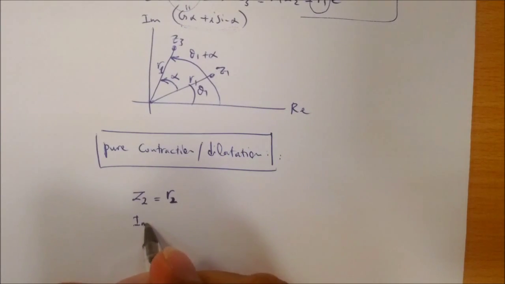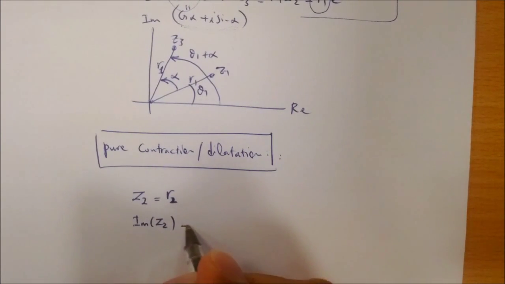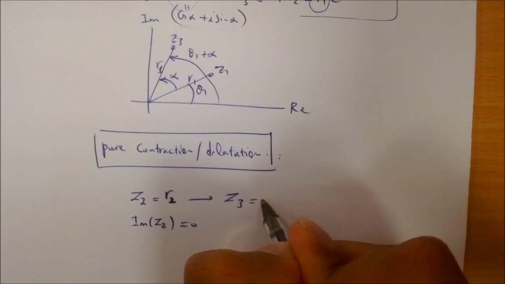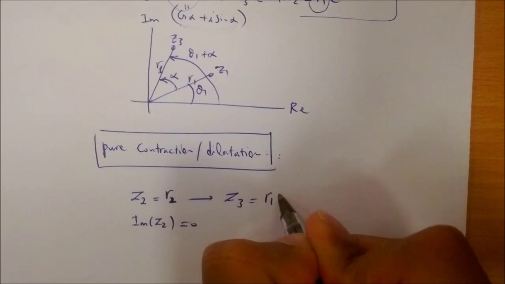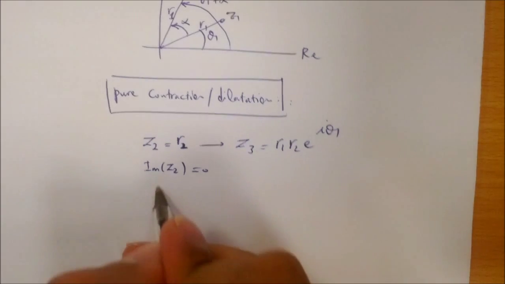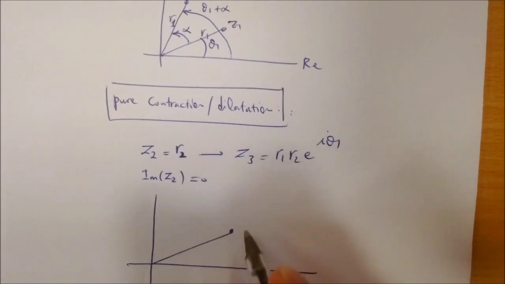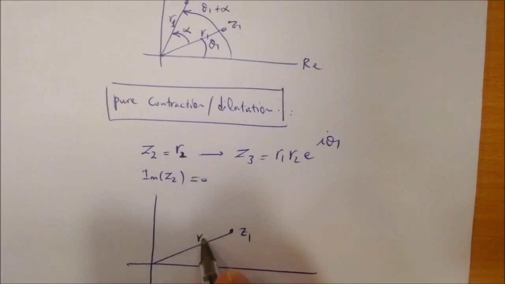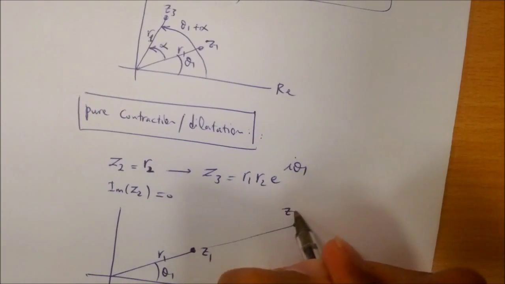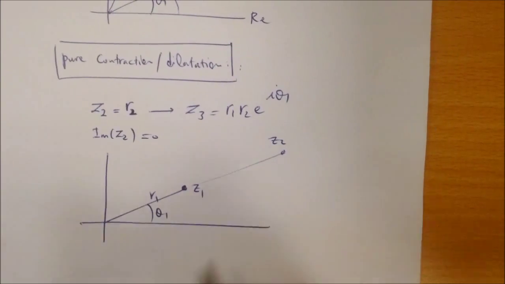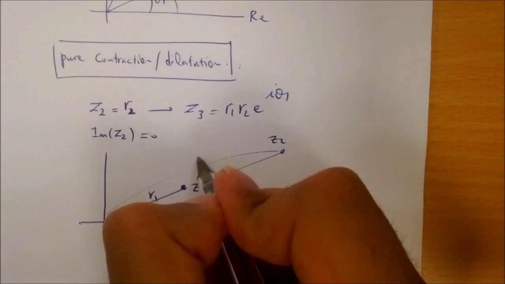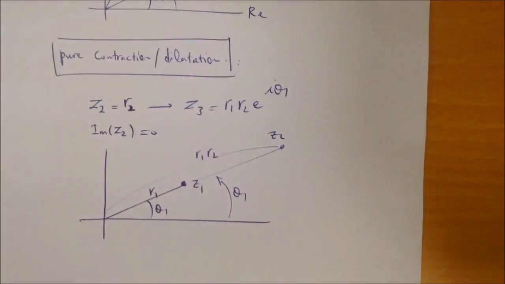So the imaginary part of z2 will be 0. So z3 will be r1 times r2 e to the power of i theta 1. So if this is z1 with r1 theta 1, this, for example, is z2 with theta 1 and r1 times r2.